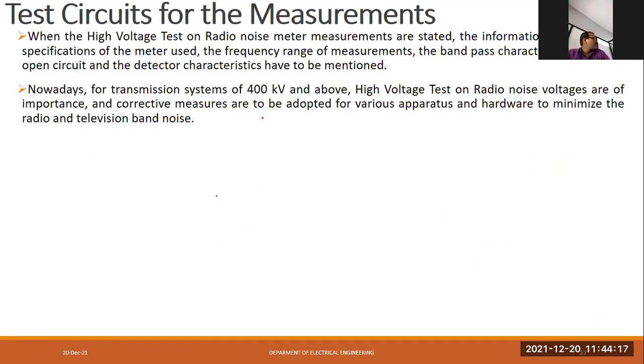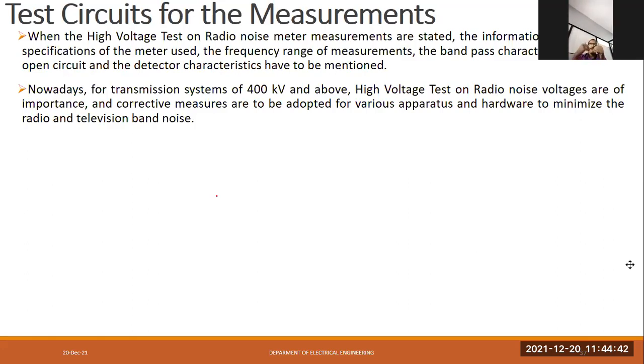In such cases, the high voltage test on the radio noise meter measurement, I have already stated. Some information regarding the standard specifications that we are using: the frequency range measurements, or the band pass or bandwidth characteristics, are again mentioned as per the open circuit as well as the detection circuit.